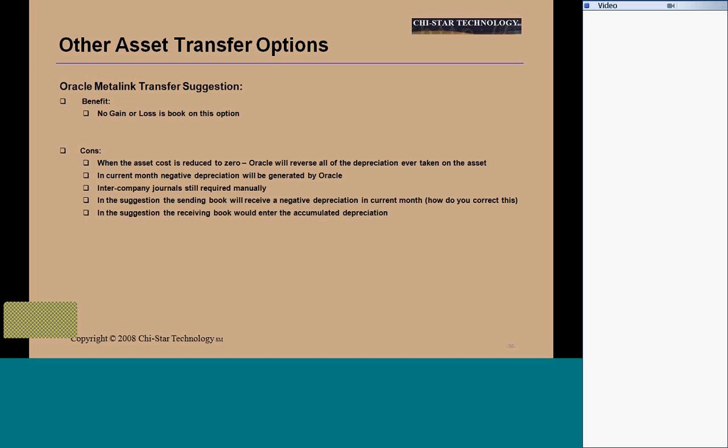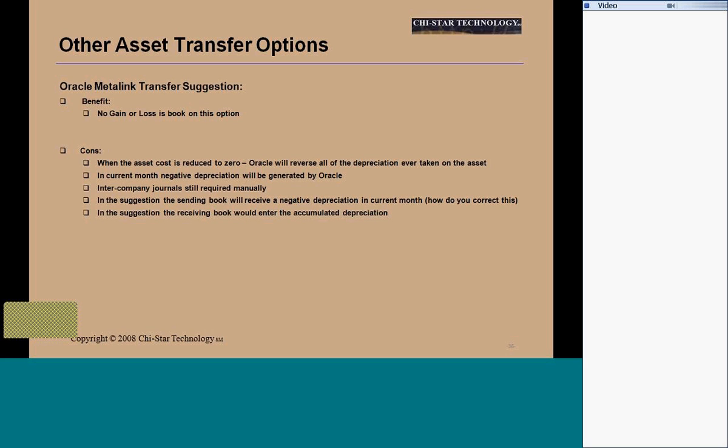So you're going to get hit with negative depreciation in the month that this occurs, which to me is a bigger issue. Now you have to mess around with your depreciation accounts to try to figure out how much depreciation should have stayed, because you're going to impact not just a gain loss account, which you would have if you just did the retirement, but by zeroing it out, you're impacting your accumulated depreciation and your depreciation account.